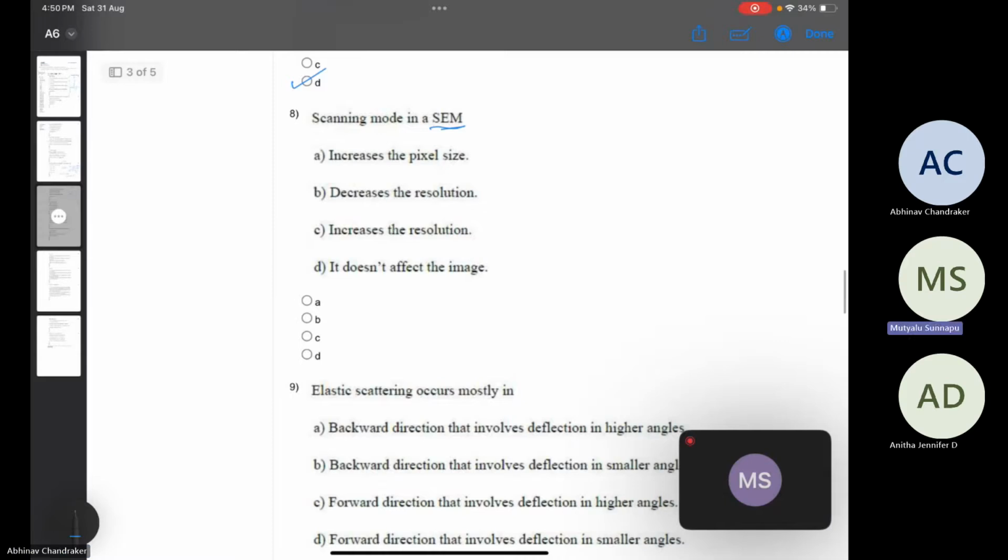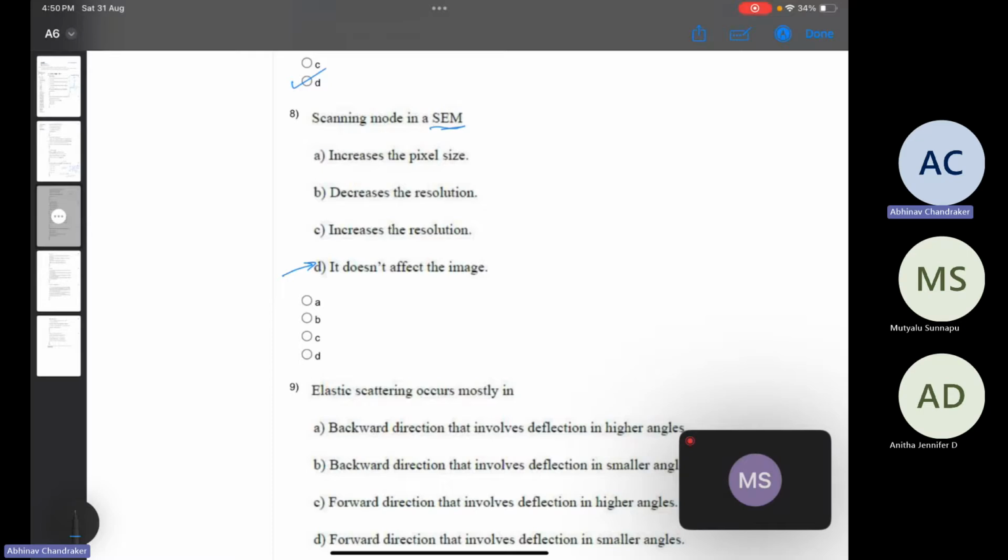But that should not have an effect on the image, because scanning should not change the resolution, and the resolution or pixel size should not be affected. So I think the answer should be that it doesn't affect the image.